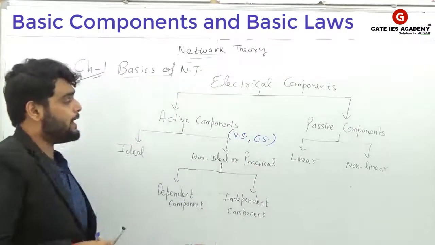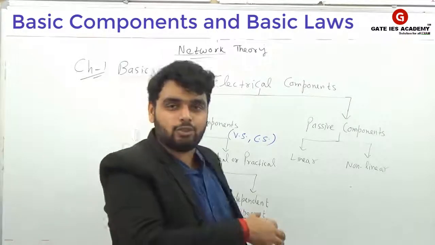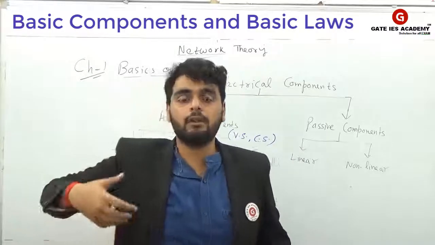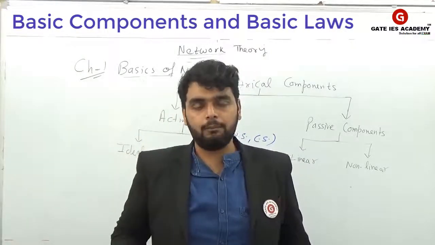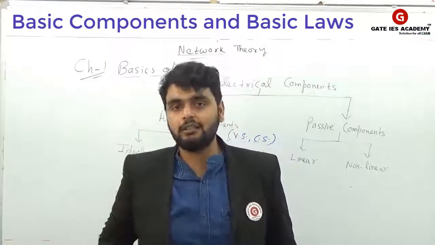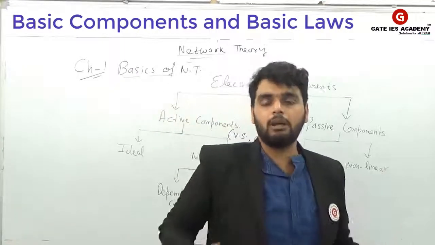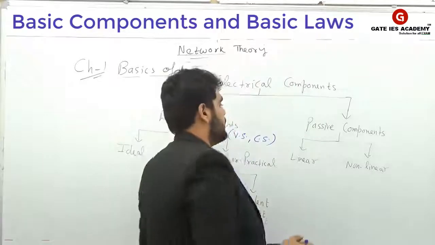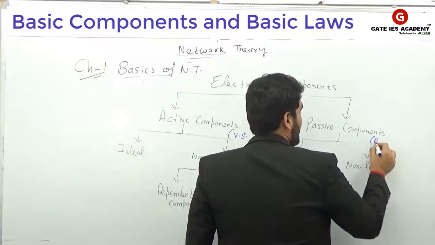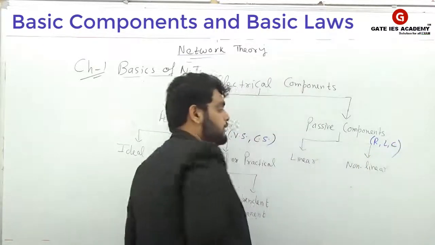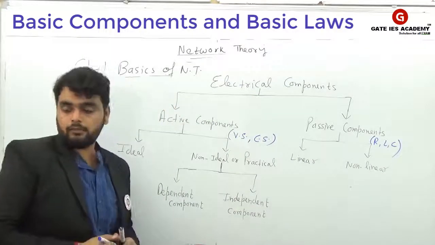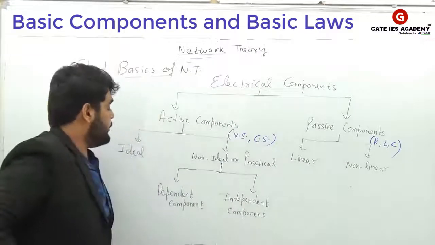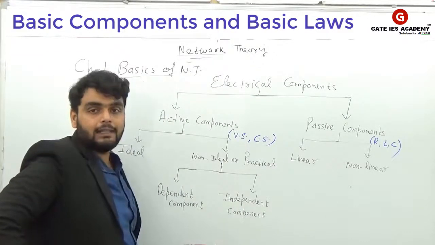Passive components are those which absorb power, and sometimes deliver power but only for a small amount of time, like inductor and capacitor, which sometimes give energy but only for a small amount of time. So what are examples of passive components? R, L and C.